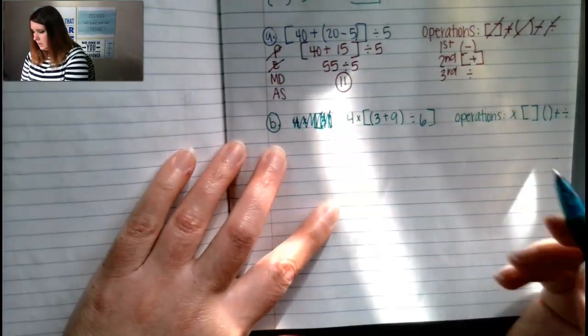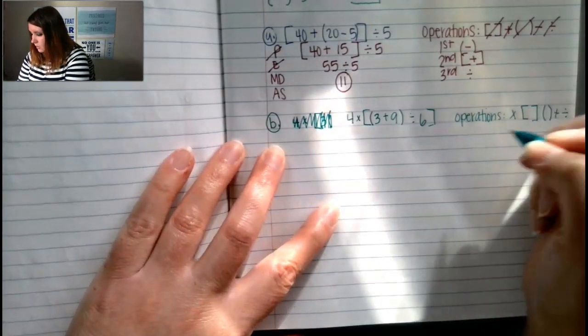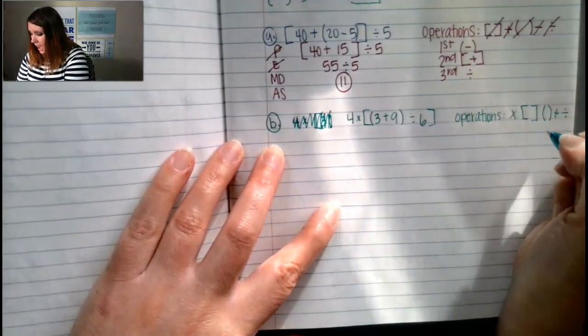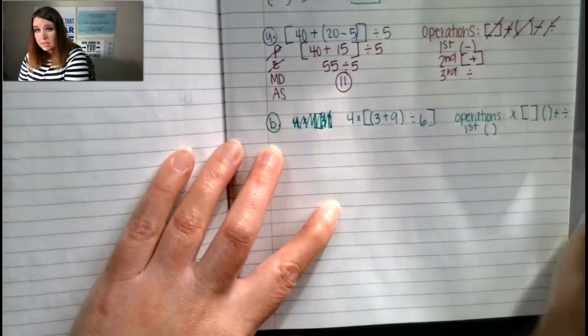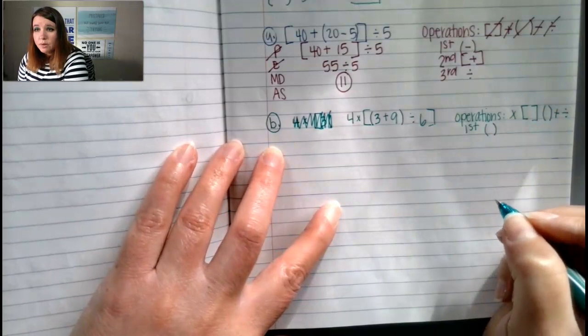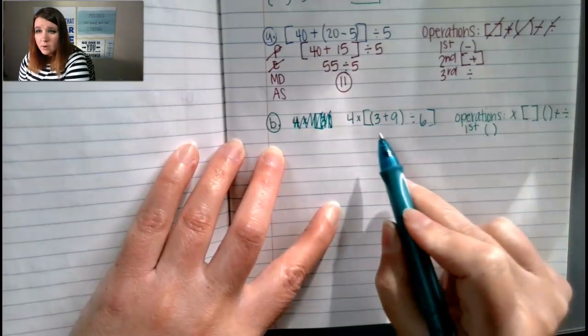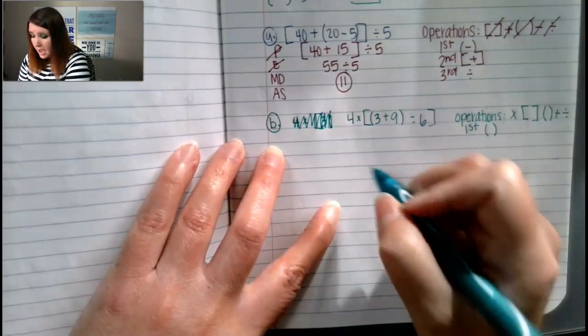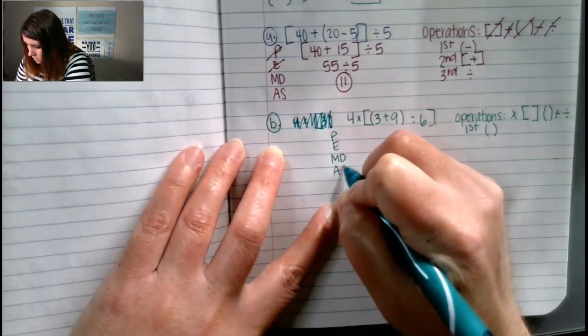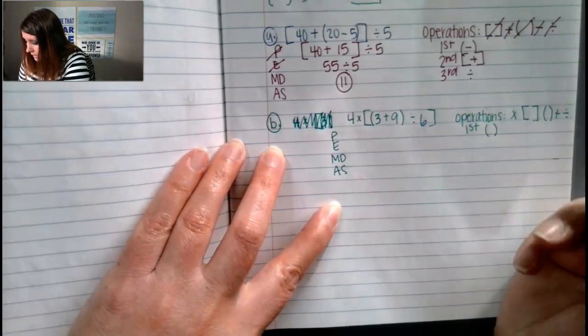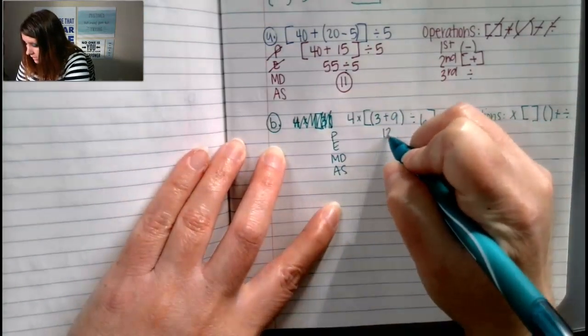That's probably better. Okay, so we are going to look at the first step still being parentheses. In the parentheses I have 3 plus 9, and 3 plus 9 is 12.